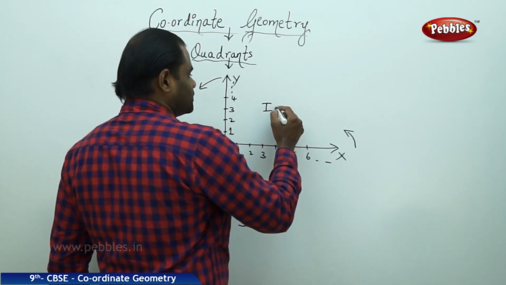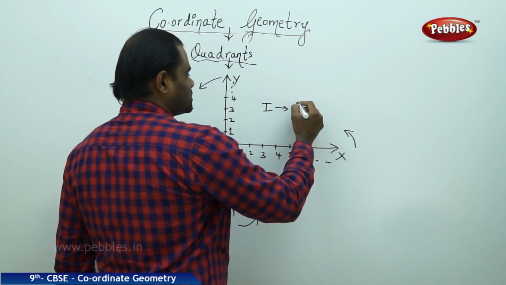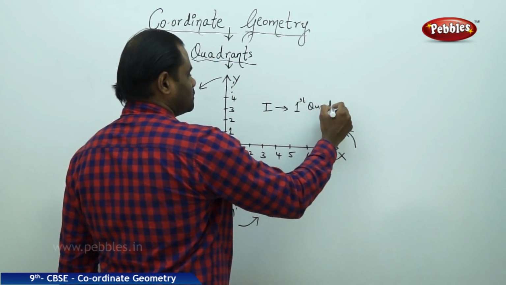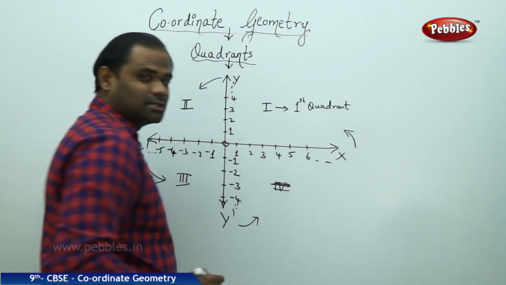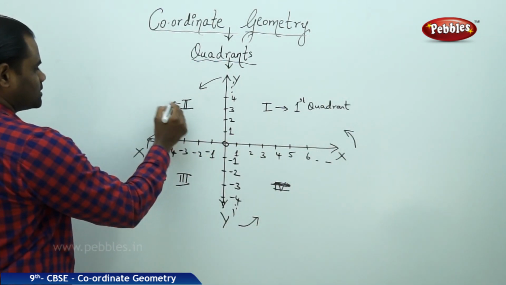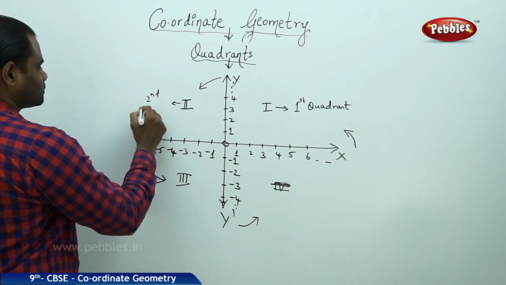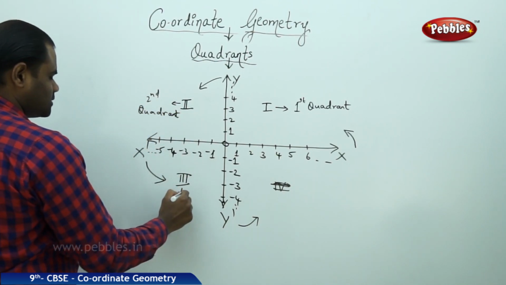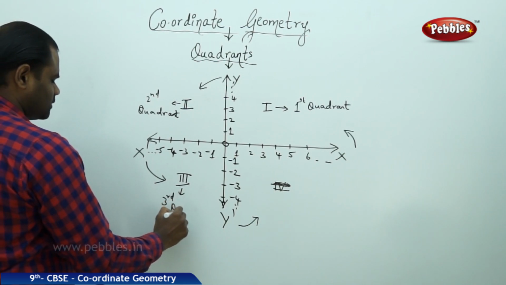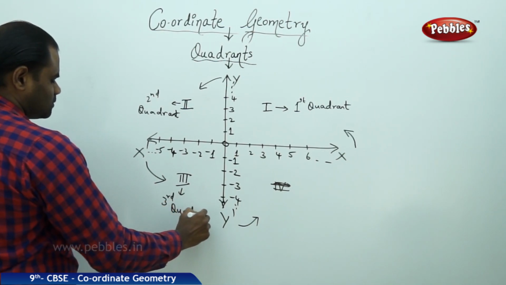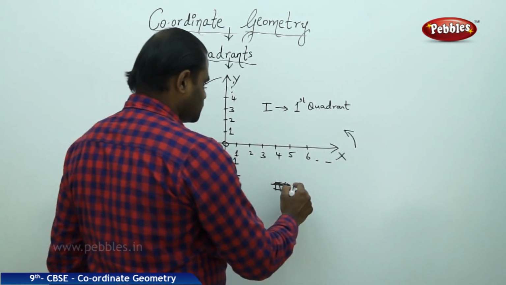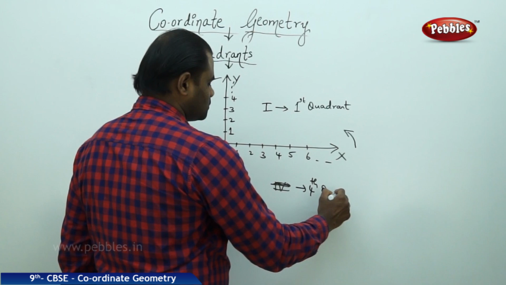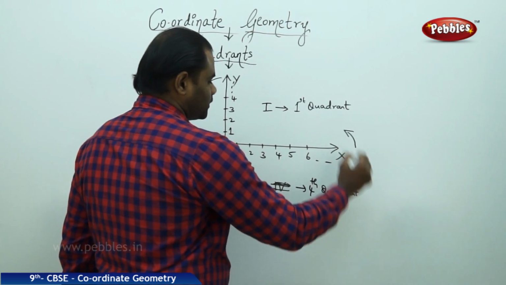So this is referred to as first quadrant, and this is referred to as the second quadrant, and this is referred to as the third quadrant, and this is referred to as the fourth quadrant.